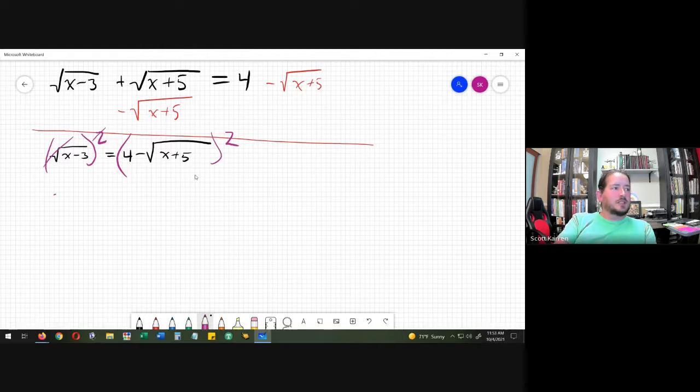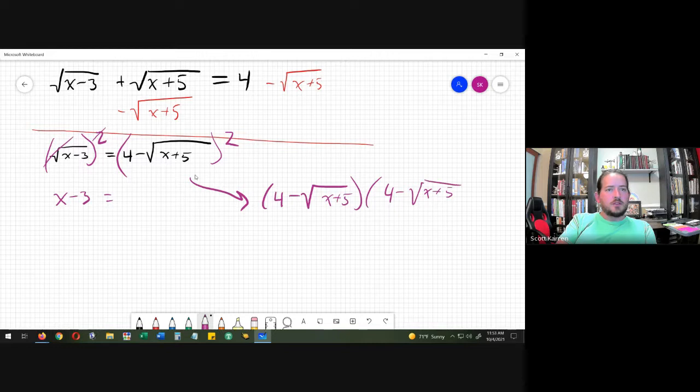So this frees up the x minus 3. But over here, this is that 4 minus the square root of x plus 5 times 4 minus the square root of x plus 5. There's no way around it, right? And I'm going to FOIL. So you have 4 times 4 is 16. 4 times this negative square root just gives me negative 4 root x plus 5.